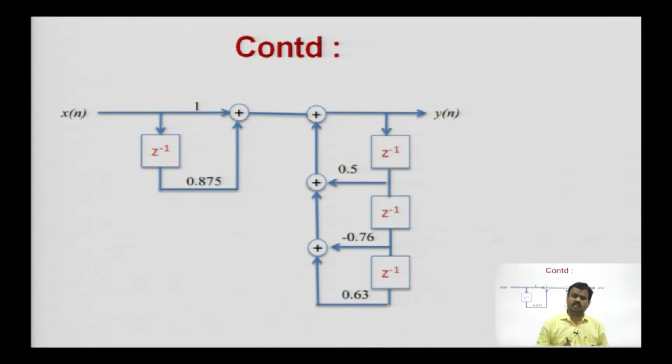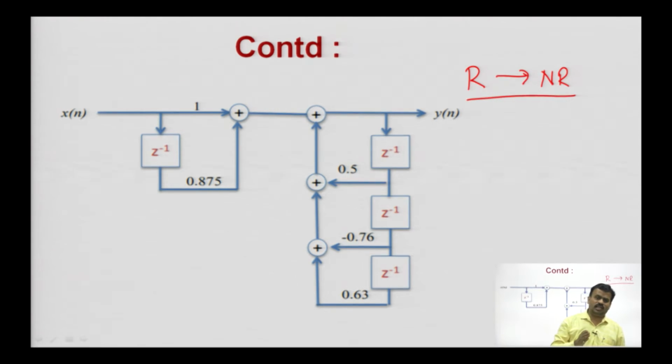The H(z) is the same for direct form 1 and direct form 2. Only difference is that in direct form 2, at first your recursive structure will be there, after that non-recursive. The system is same, but in direct form 2 you have to keep the recursive structure first, then non-recursive, whereas in direct form 1 you were keeping the non-recursive first, then recursive.